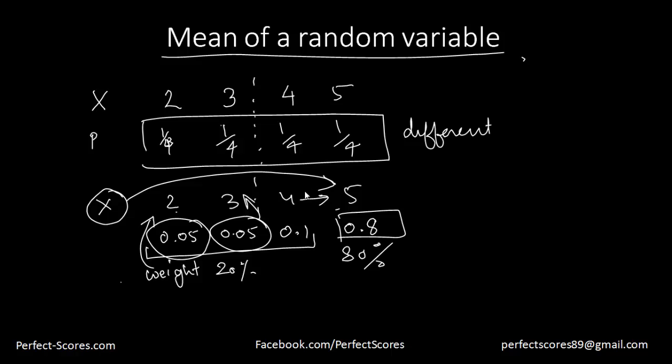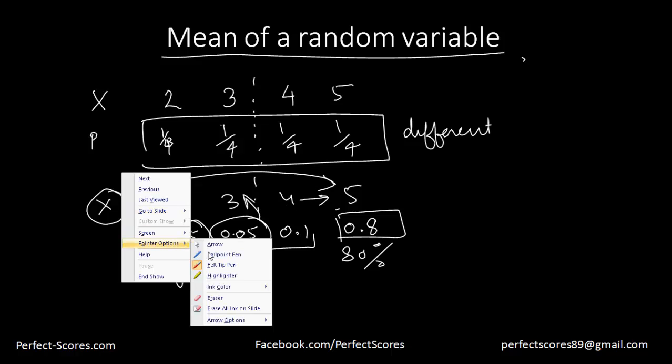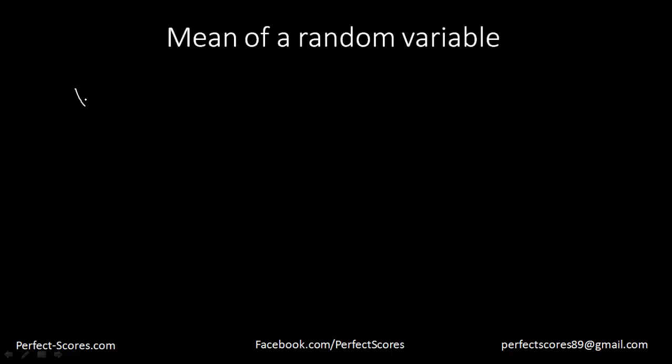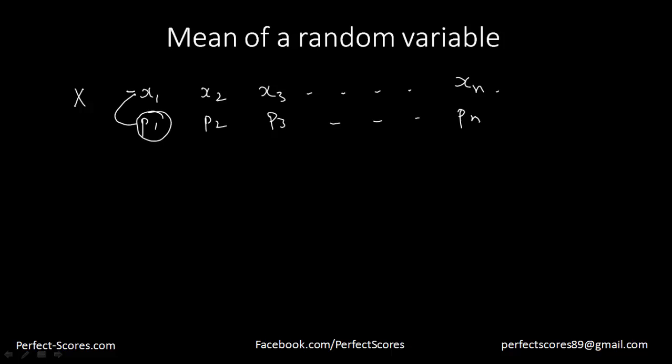Let's say there is a random variable x, and the random variable x can take any number, right? It can take number x1, it can take number x2, it can take number x3, and so on till xn. And these are their respective probabilities. Now what is this probability? This probability is the weight of this x1.